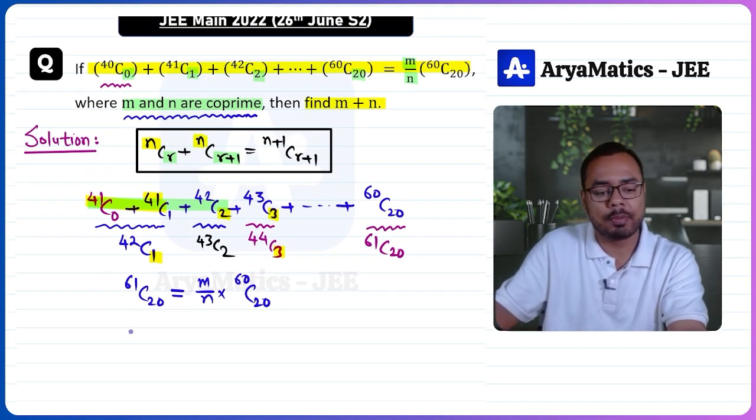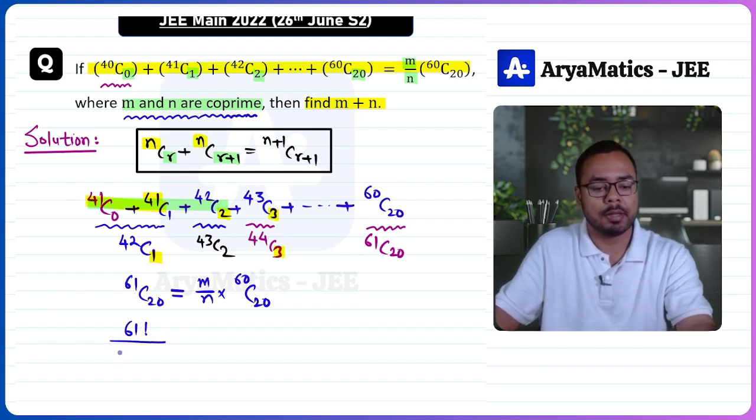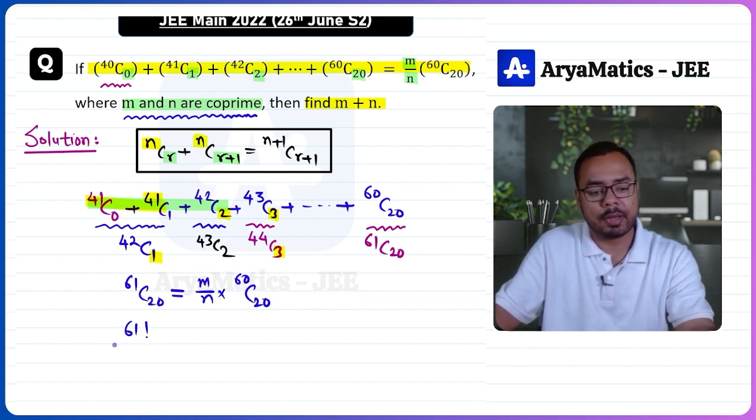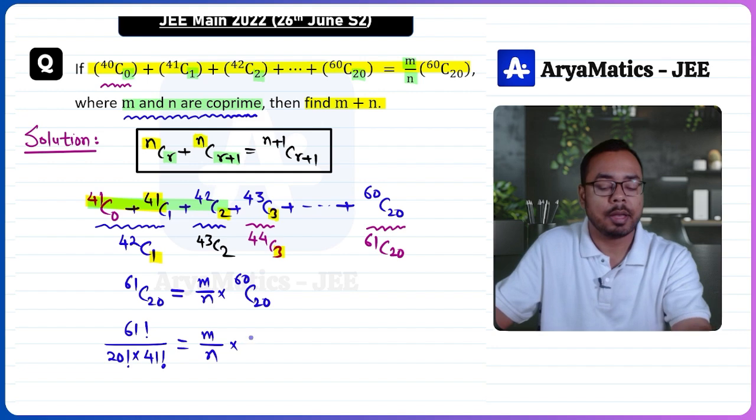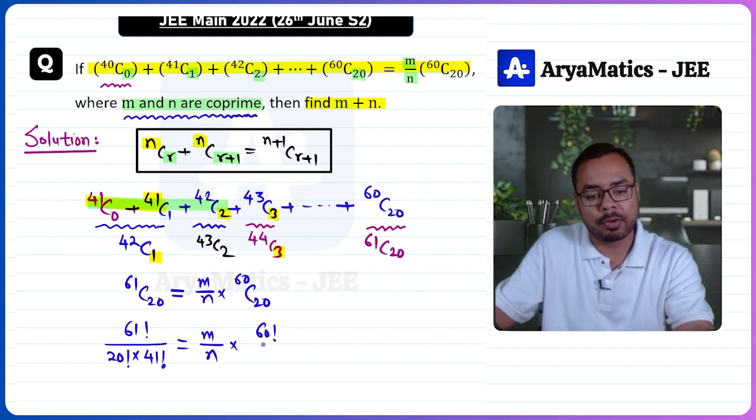So 61C20 is 61 factorial divided by 20 factorial multiplied by 60 minus 20, that is 41 factorial. And on the right hand side we have m by n, and then this will become 60 factorial divided by 20 factorial into 40 factorial.